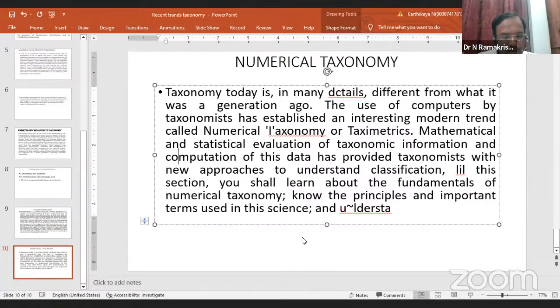Anatomical characters have been widely used in elucidation of phylogenetic relations.